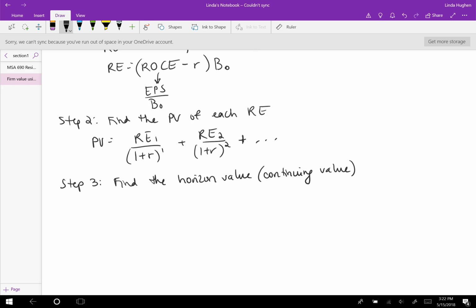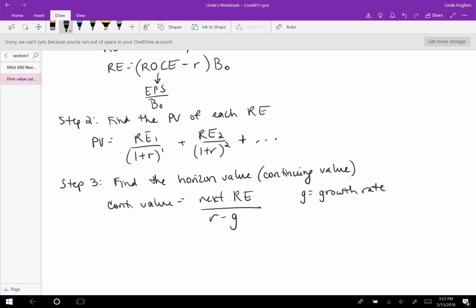This continuing value, or horizon value, is equal to the next residual earnings divided by R minus G, where R, again, is the required return, and G is that constant growth rate. Of course, example 2 in the assignment from class on May 5th has a growth rate of 0.